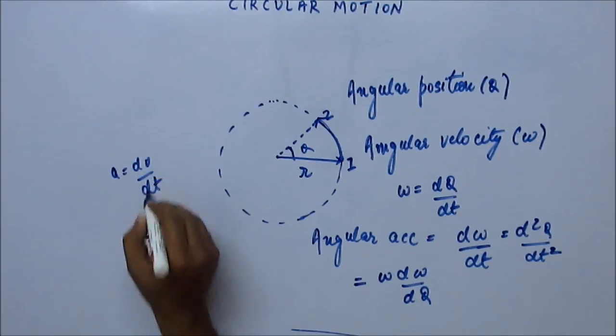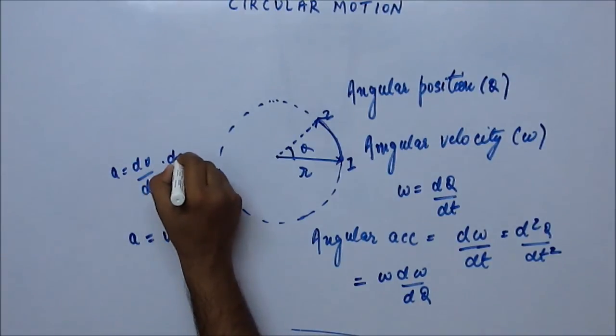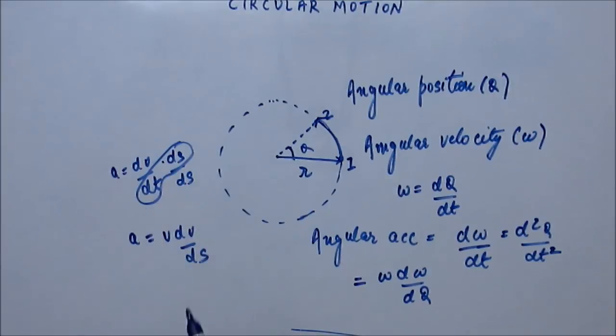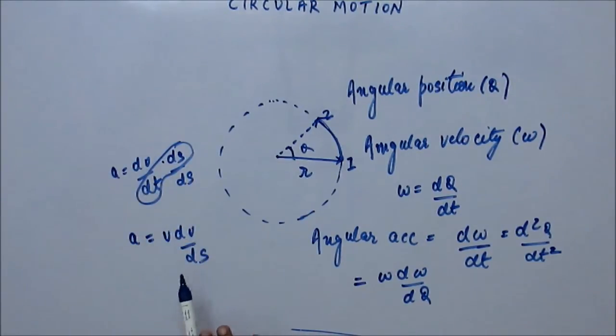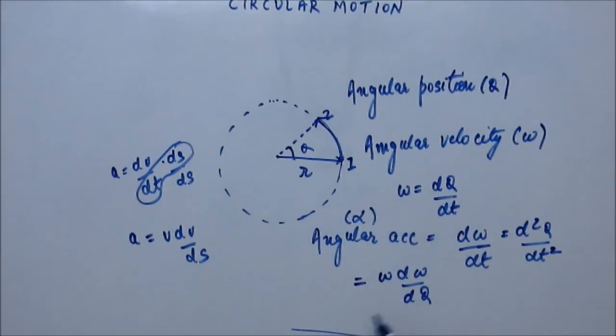All you have to do is divide and multiply this by ds. You club this ds and dt, that becomes v, and you are left with dv by ds. It's a little bit of manipulation. Similar to that, you'll have angular acceleration, by the way represented by alpha, equal to omega into d omega by d theta.